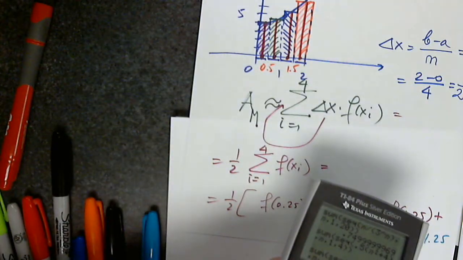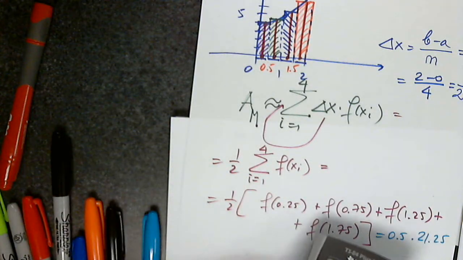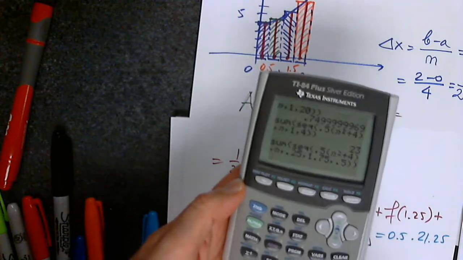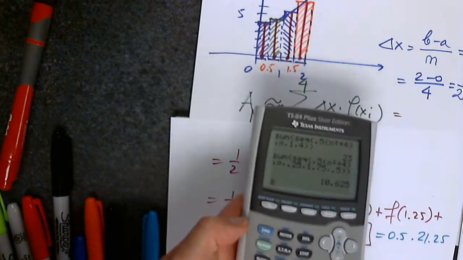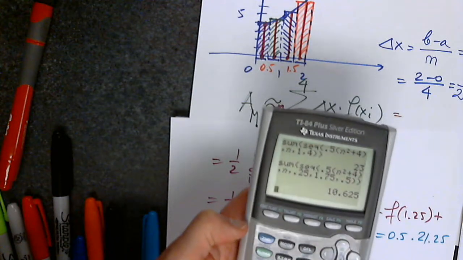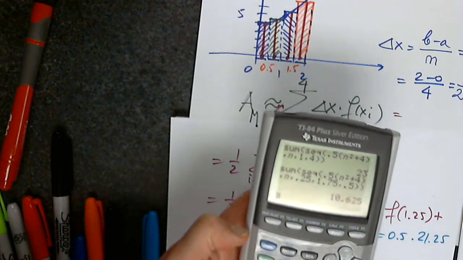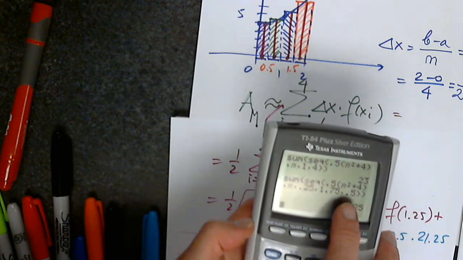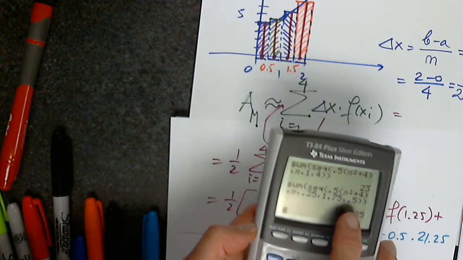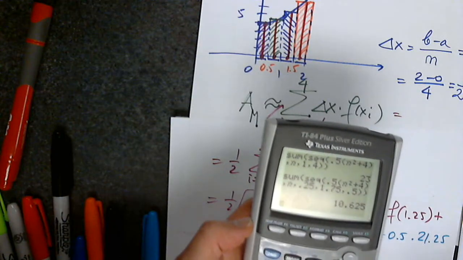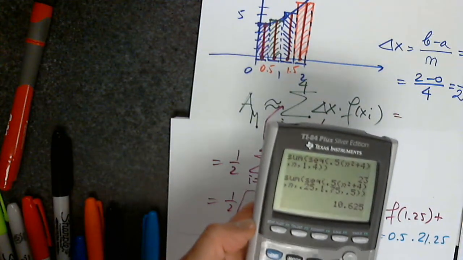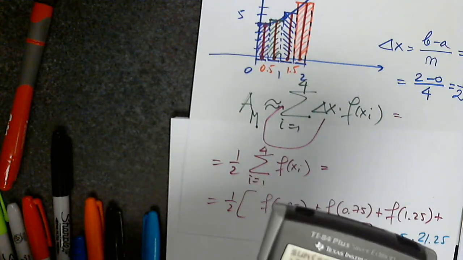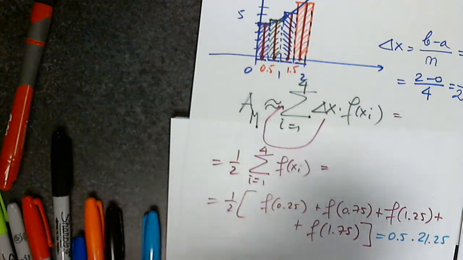It has to be 0.5. Close. Yes, 10.625. Yes, if I change the increment. I never told you to put the increment because we only used 1, but you can change the increment to 0.5. We never talked about the increment because I didn't think of doing this with the graphing calculator.